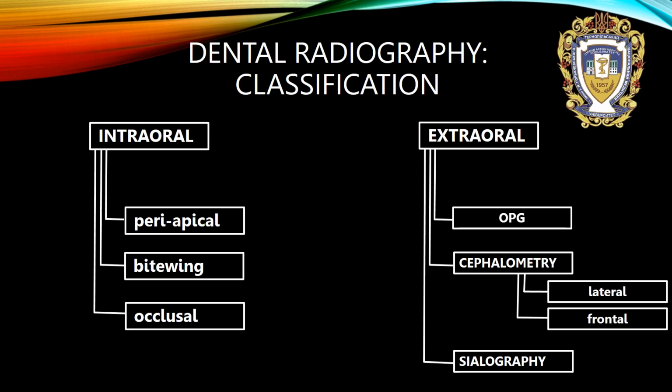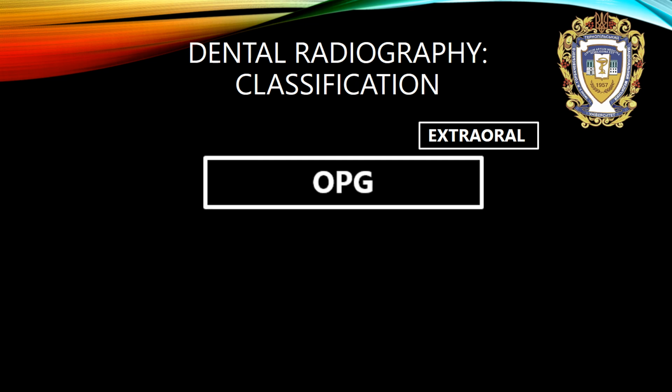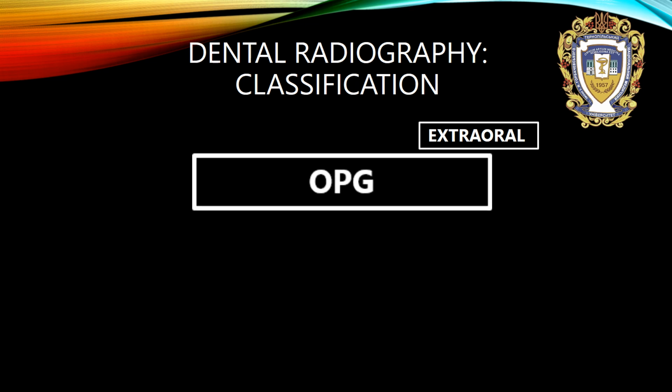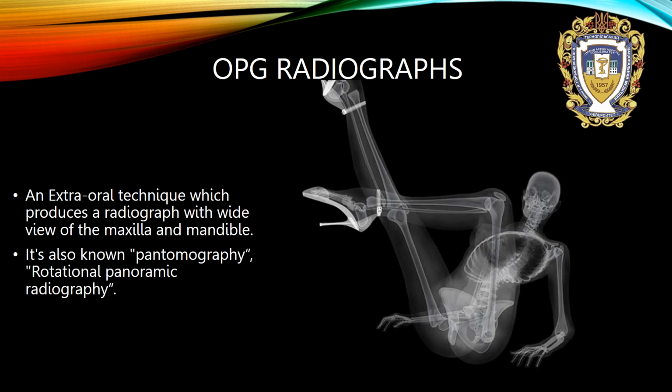And now, in detail, about orthopantomography, OPG radiographs. It is an extraoral technique which produces a radiograph with wide view of the maxilla and mandible. It's also known as pantomography or rotational panoramic radiography.